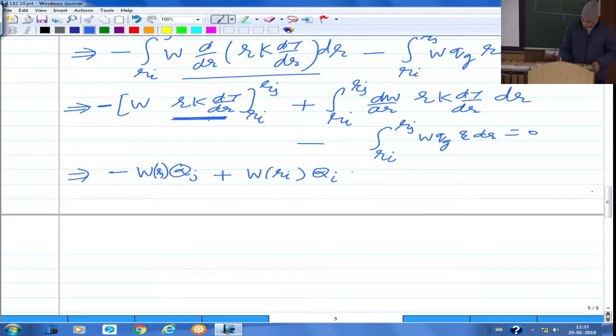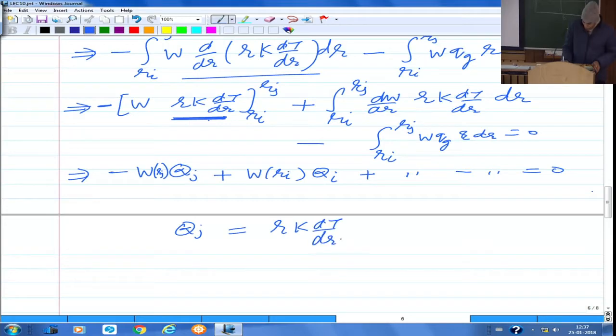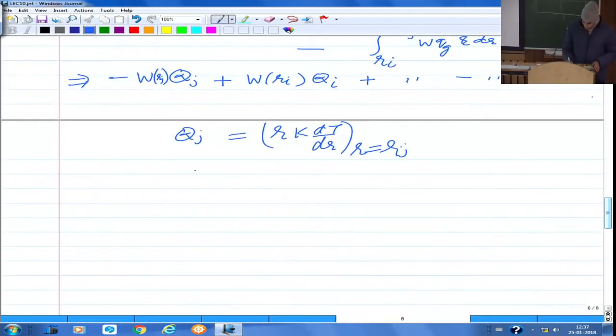The rest of the other two terms basically remain the same, that is, this term plus the next term is equal to 0. The only thing I have done is, your Qj is nothing but rk into dT by dr at r equal to Rj, and Qi is essentially rk into dT by dr at r equal to Ri.